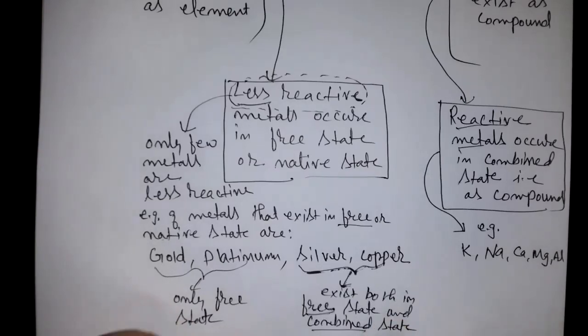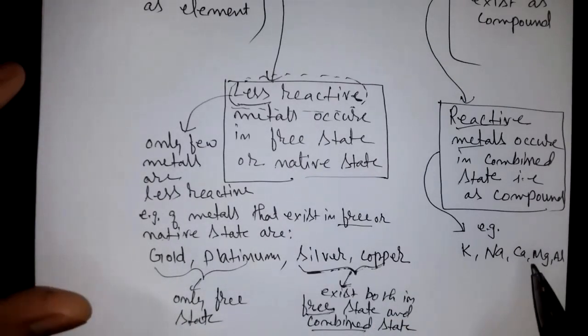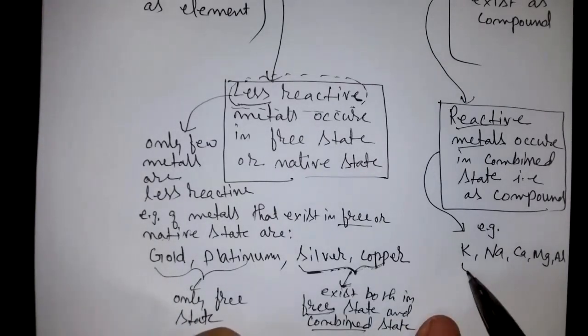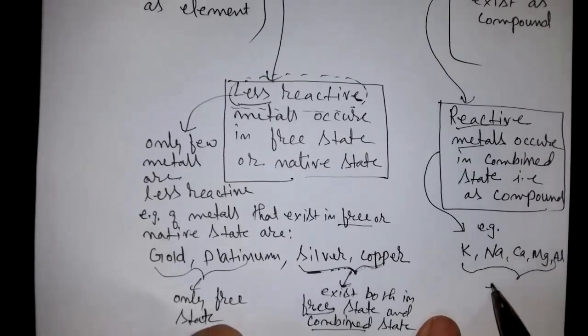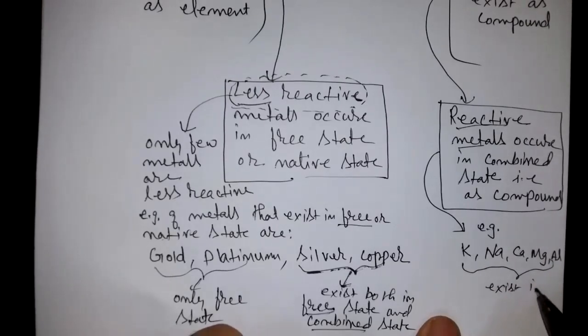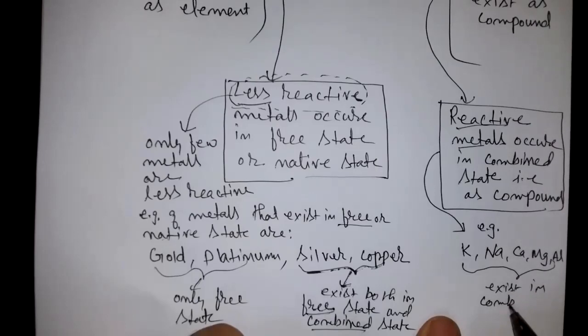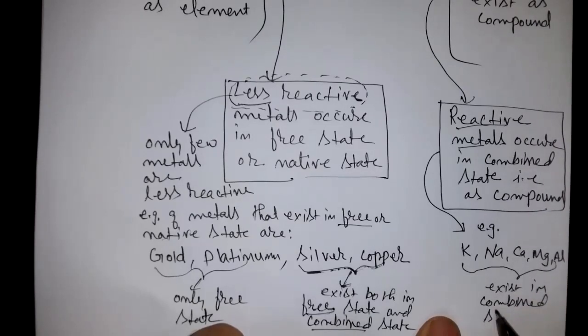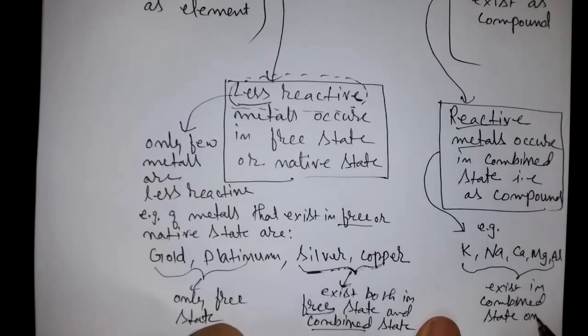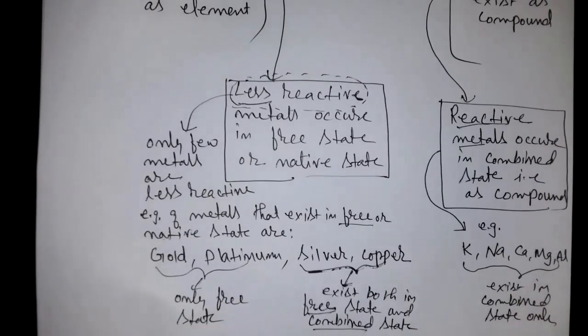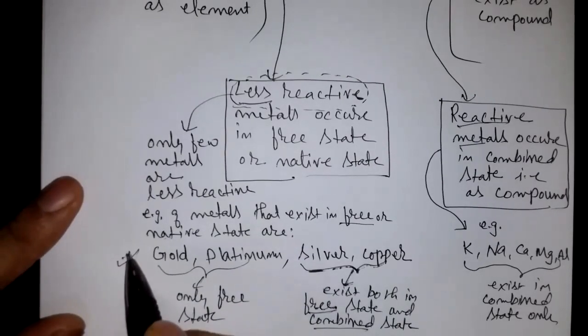These are all reactive metals, and all these metals always exist in combined state only. That means since they are reactive metals, they cannot exist in free state. So this may be a little important for MCQ.